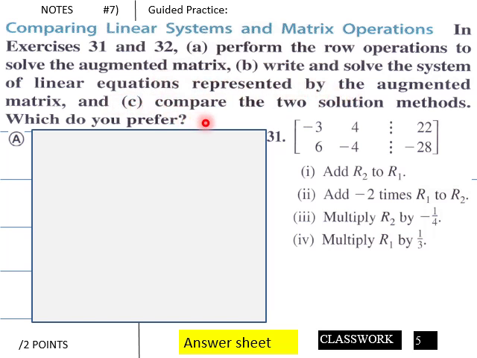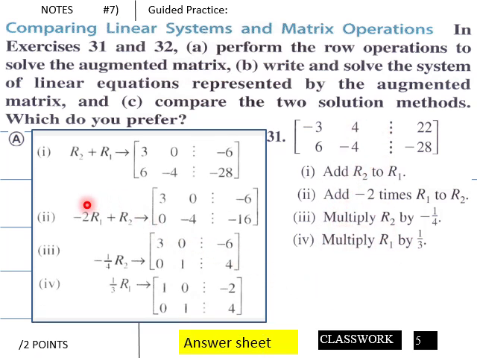And C, compare the two solution methods. Which do you prefer? So that's up to you. So let's get on one here. Our first task here is to add row 2 to row 1, and then add -2 times row 1 to row 2, multiply row 2 by -1/4, and then multiply row 1 by 1/3. So we have a whole bunch of things here to do.